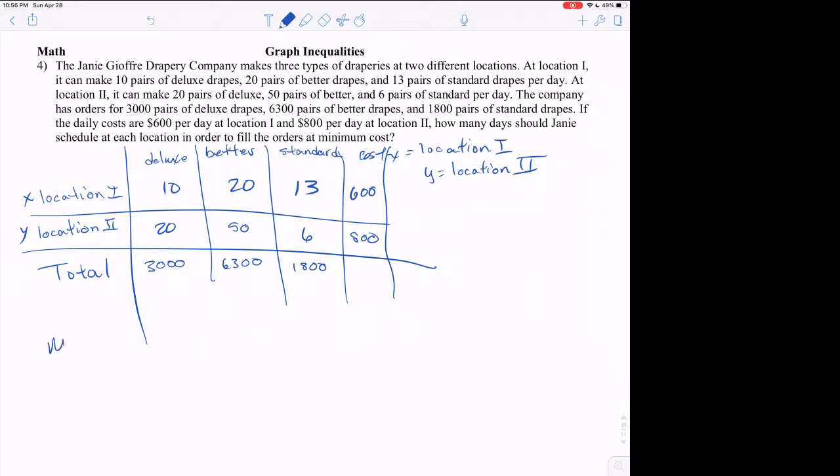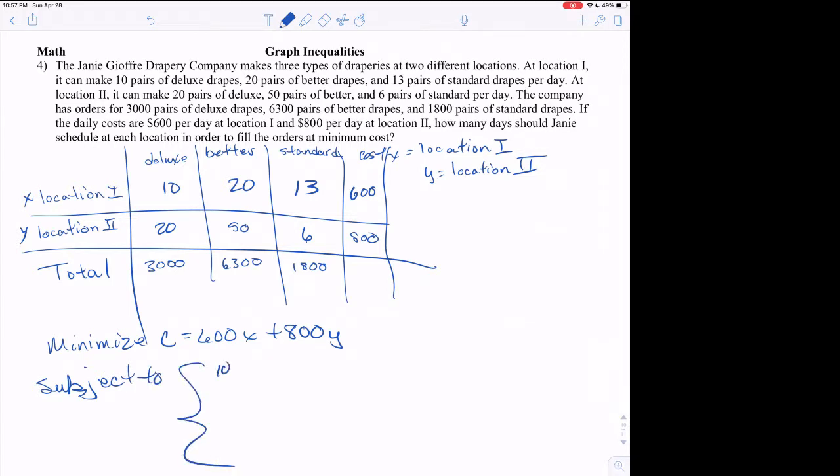So we want to minimize our cost. Our cost equal to 600x plus 800y, subject to the system 10x plus 20y is less than or equal to 3,000. 20x plus 50y is less than or equal to 6,300. 13x plus 6y is less than or equal to 1,800.